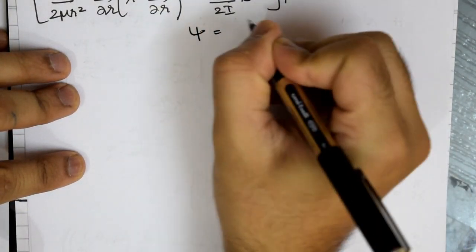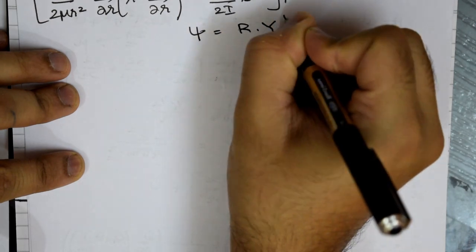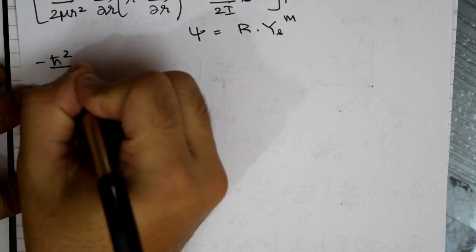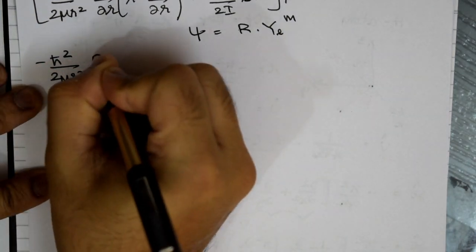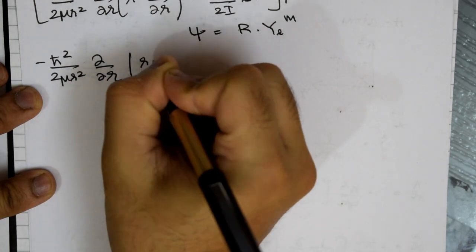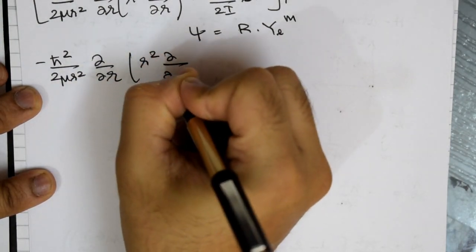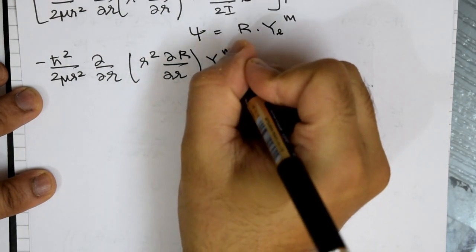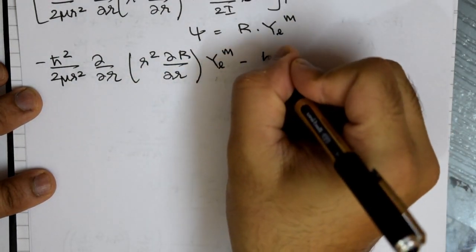So now when you say psi will be given as a product of the radial part and the angular part, you can try to substitute it back in this equation. Minus h cross square by 2 mu r square dou by dou r square dou by dou r. Remember, it will only act on the R part, YLM not being acted on, minus h cross square by 2i.